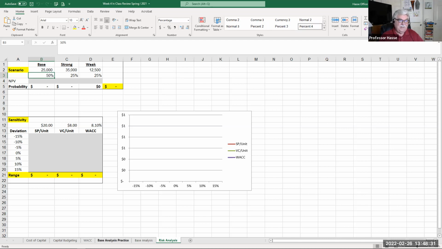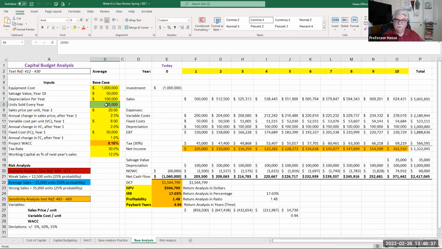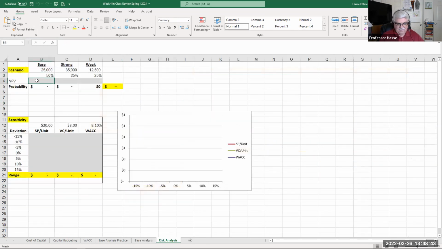Well, in our original case study, we predicted 25,000 units to have an NPV of $504,799. So let's put that in here. If you weight that by the 50% chance of that occurring, that probability NPV is weighted at $252,400, 50% of the NPV.